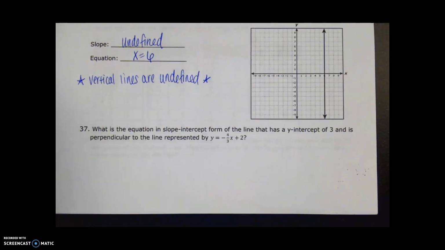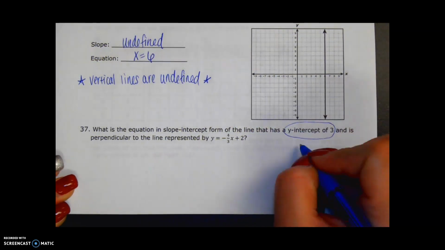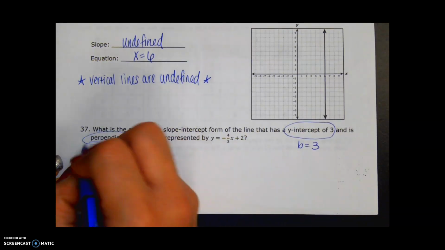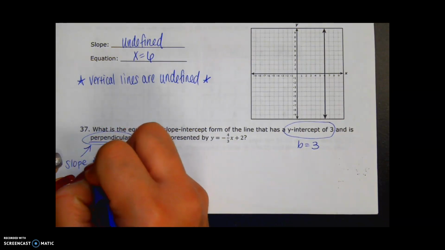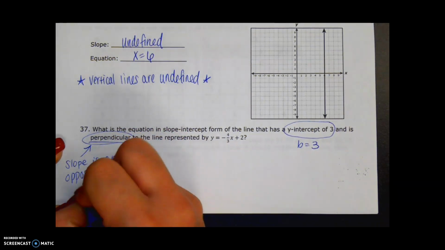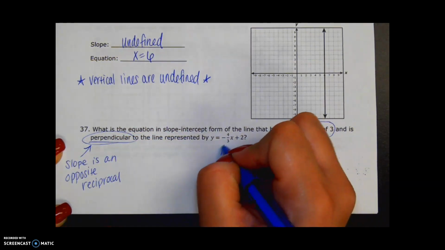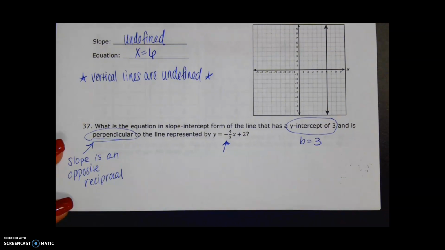All right, so what is the equation in slope-intercept form of a line that has a y-intercept of 3? So I know my b is going to be 3, and is perpendicular, so that means my slope is an opposite reciprocal. All right, so I'm going to take this formula right here, and I need to figure out my new line, because it's saying we want one that's perpendicular.